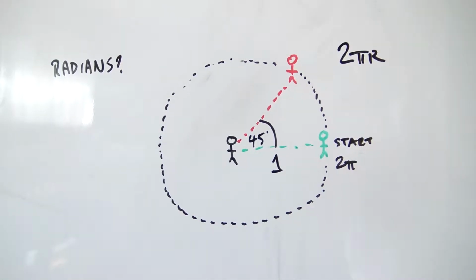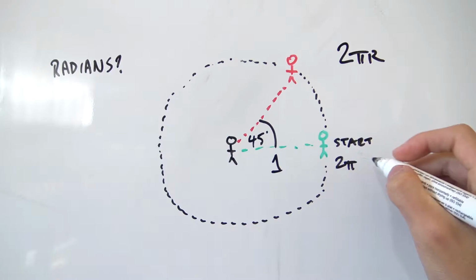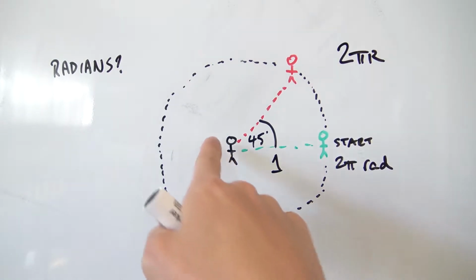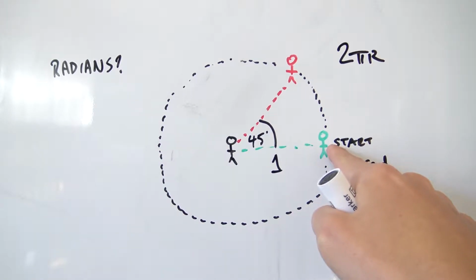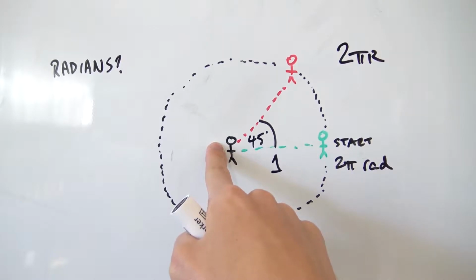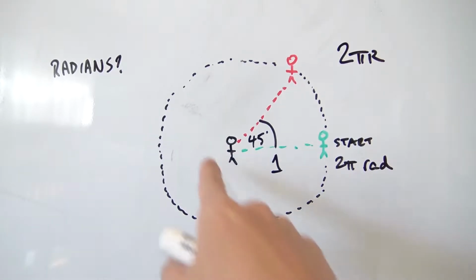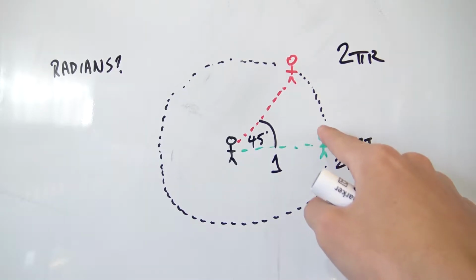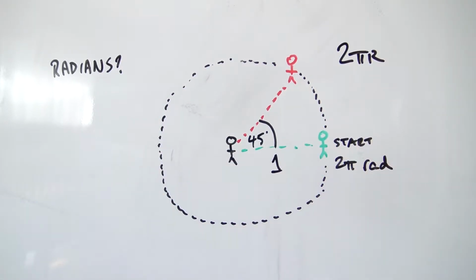The units we're using are called radians, so we denote it by rad, like so. So in degrees, if this guy had to track the movement of the other person walking all the way around the circle, he'll have to turn his head 360 degrees. But in radians, he'll have to turn his head 2 pi radians, because 2 pi is exactly the distance that goes all the way around the circle.